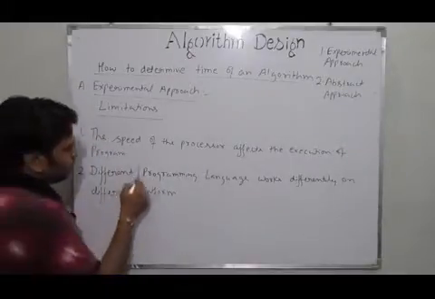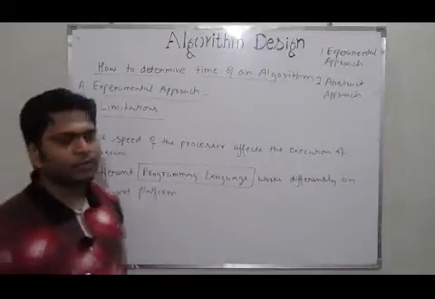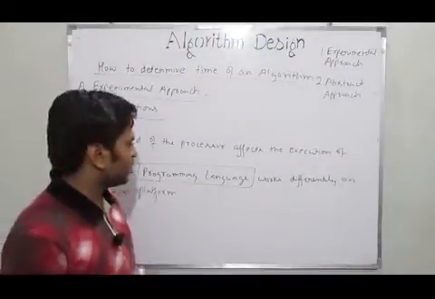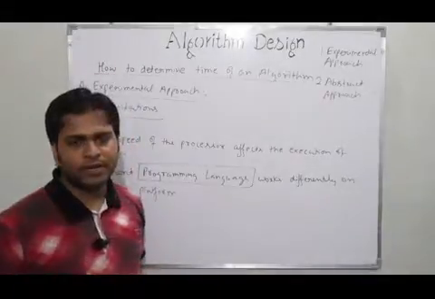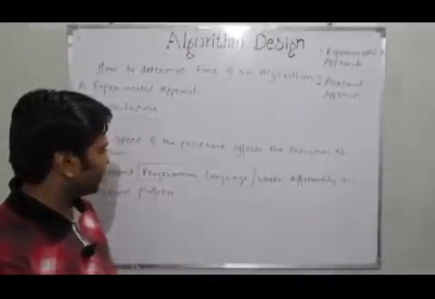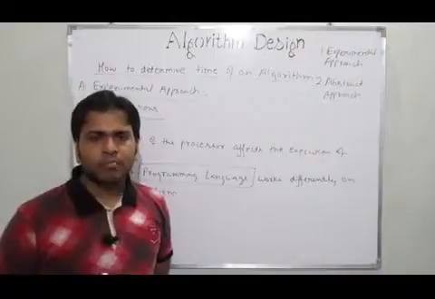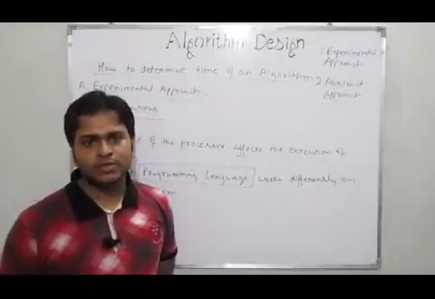So the idea is, whatever the programming language we choose to write the program for a given algorithm, that language works differently on different systems. So we have to make sure that whatever the programming language we are choosing, it must be compatible with other systems too.